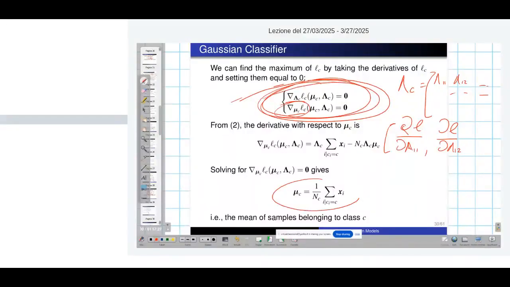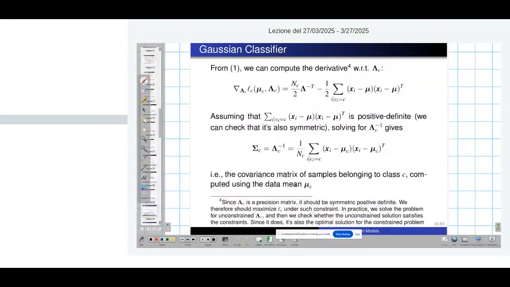Solving for mu is easy and gives me this solution. It should not be surprising: the maximum likelihood solution is the empirical dataset mean. If we are estimating this for a class, it's the mean of the samples of that class. And for the covariance, again, we should impose some constraint because covariance matrices should be positive definite and symmetric.